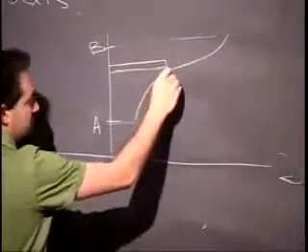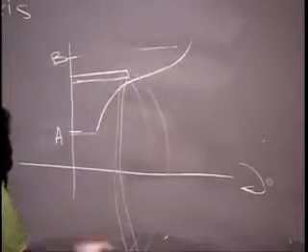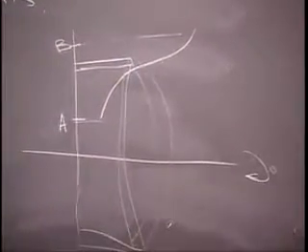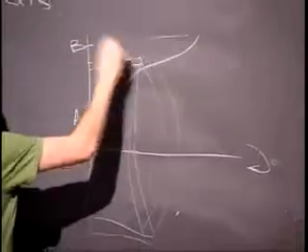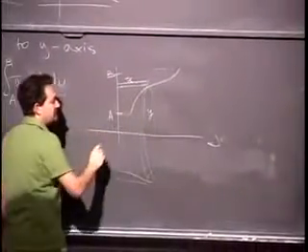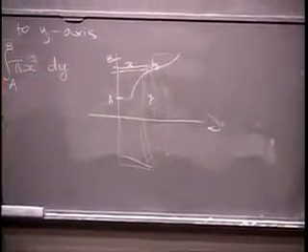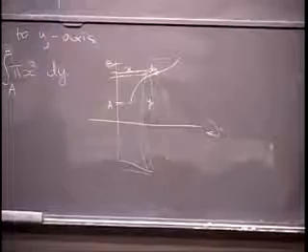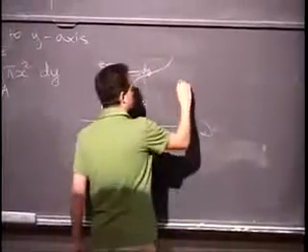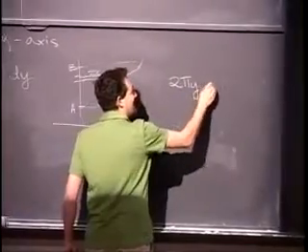Well, then I'm going to use shells, because you'll get a shell. This time the height will be x, the radius of the shell will be y, and the thickness will be dy again. This is a little piece of the y-axis. So the volume of the shell will be 2 pi y x dy this time.